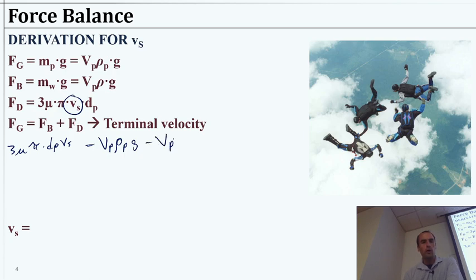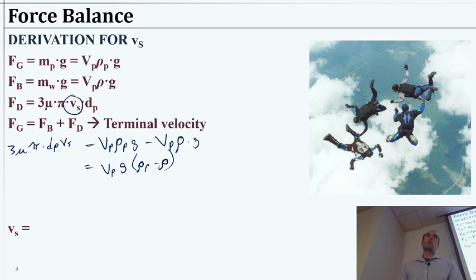So again, we have the volume of the particle times the density of water times g. There are a few terms that are the same on the right, so we can factor a couple things out. We've got the volume of the particle times gravity times rho particle minus rho of the water.